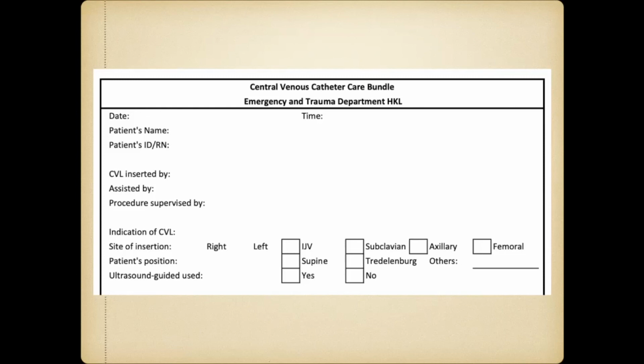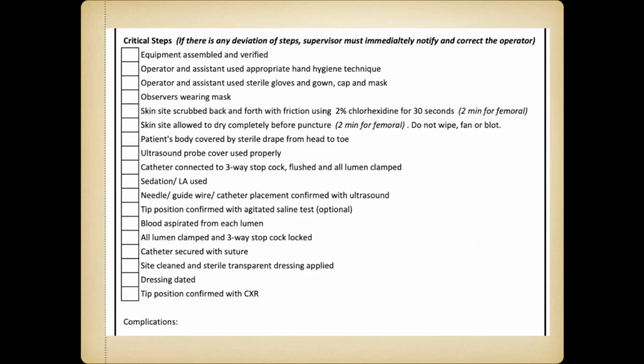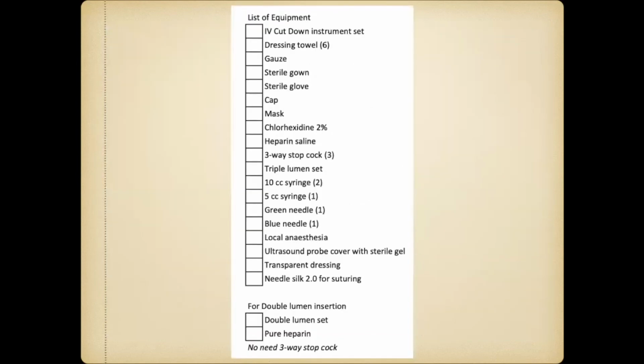So we have the patient's name, the details of the patient, the details about who is performing the CVL, and the indication and the site. And these are the critical steps. The critical steps are the same as in the CVC videos that you're going to watch. And these are the list of equipment.